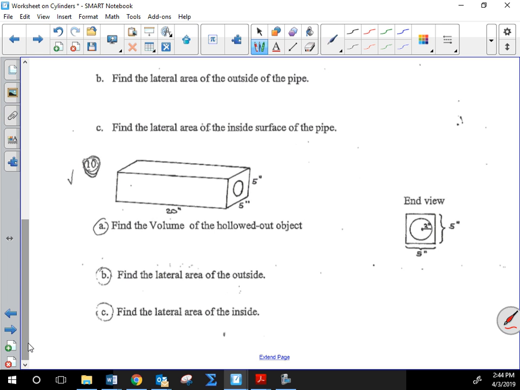Find our volume of the whole shape, the rectangular prism, and then we want to subtract away from there that cylinder that was pulled out. So you can imagine if you had a rectangular prism of Jell-O, and then you took a straw, put it in, and slurped that out. That's what we've got here. All right. I've been trying to come up with an example for years, and I finally got one. Okay.